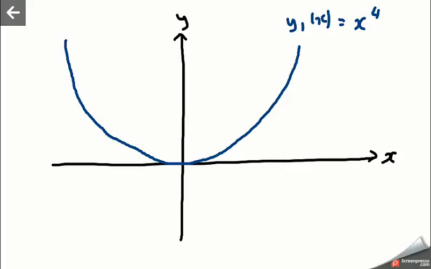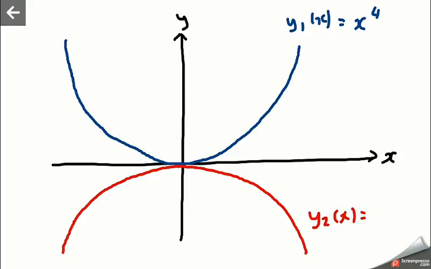And then I'm going to draw another function, which is actually just going to be the negative version of this. This is y2 of x equals negative x to the power of 4.